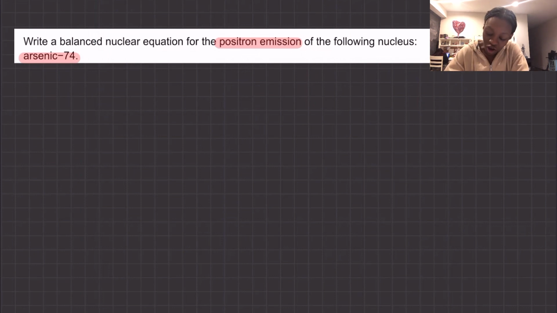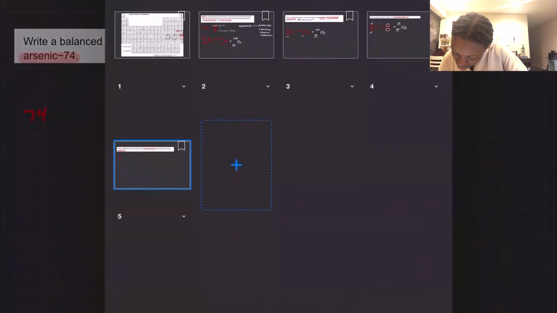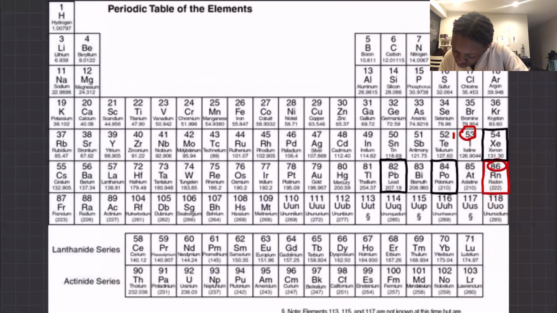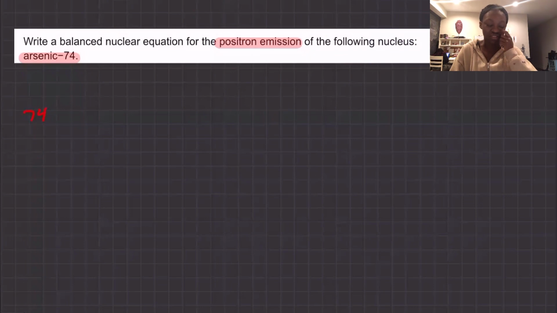So arsenic has a mass number of 74. And it also has an atomic number of 33. So 74 on the top, 33 on the bottom, and that is the arsenic isotope.